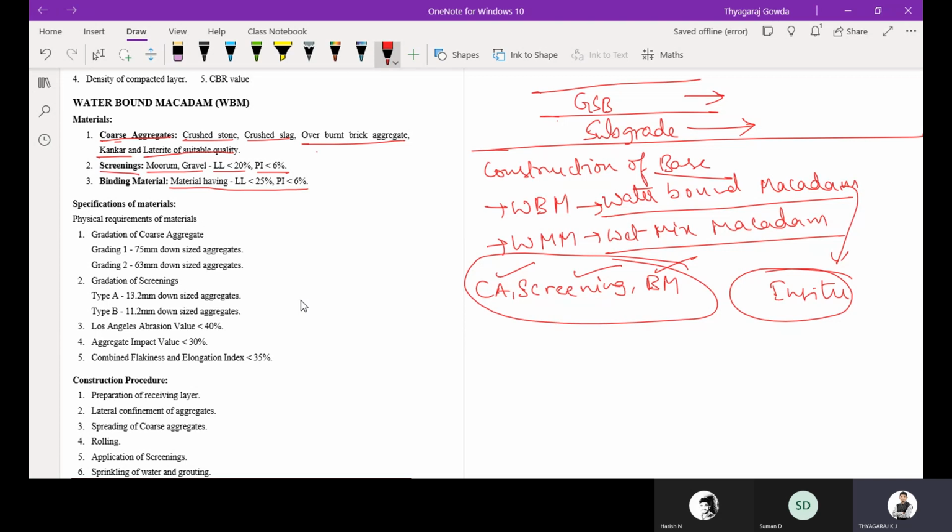The binding material has a liquid limit less than 25% and a plasticity index less than 6%. Usually the binding material will be soil only. We are going to use soil or stone dust as a binding material.